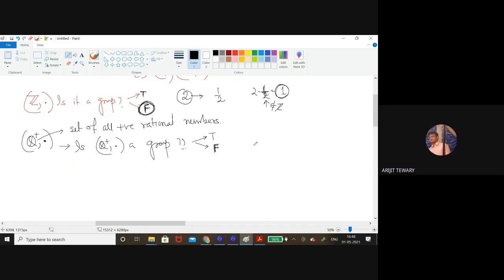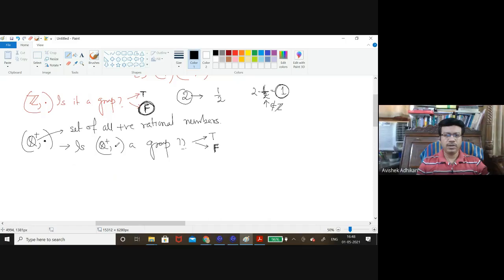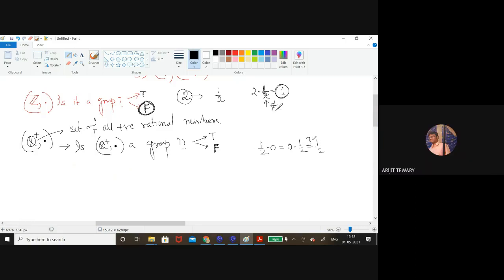Which one do you guess could be an identity element and is not within the positive rational numbers? If 0 is the identity element, you are multiplying it, right? So do you think that half into 0 equal to 0 into half will give you back half? No, sir, it will give 0.